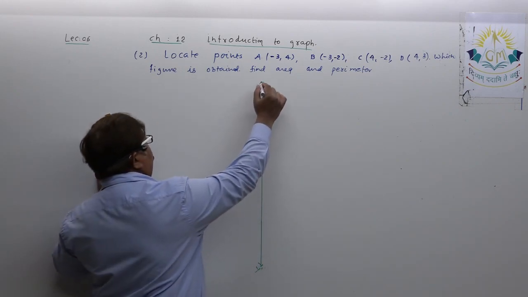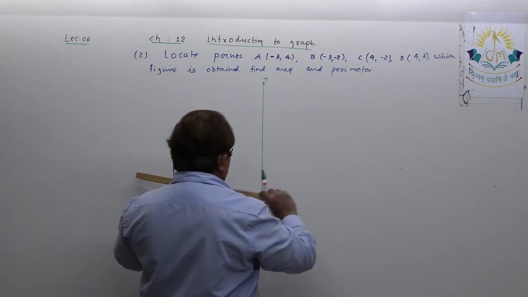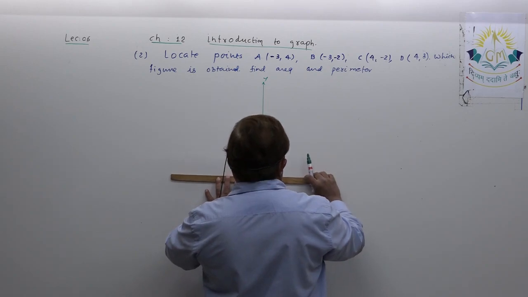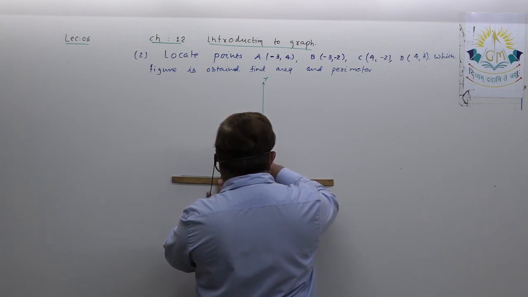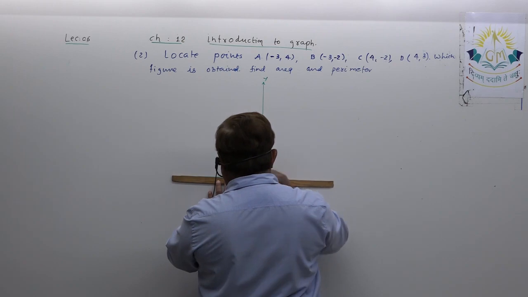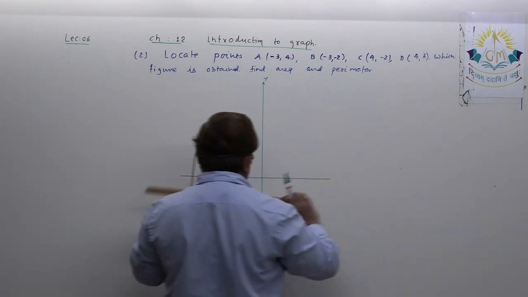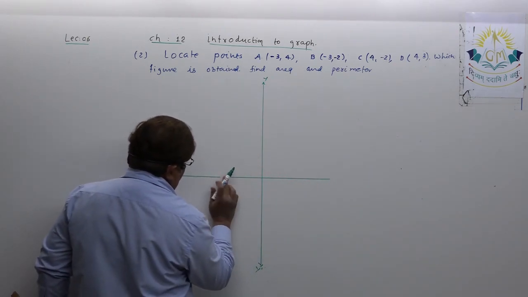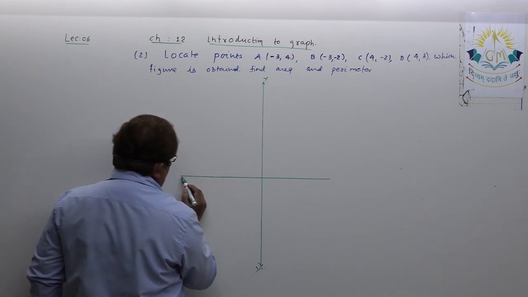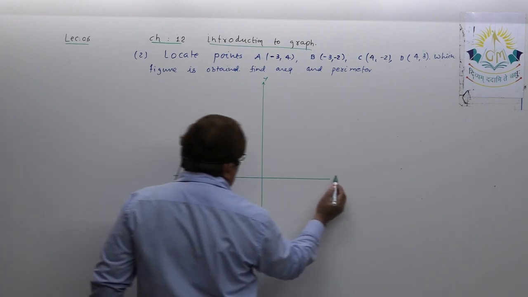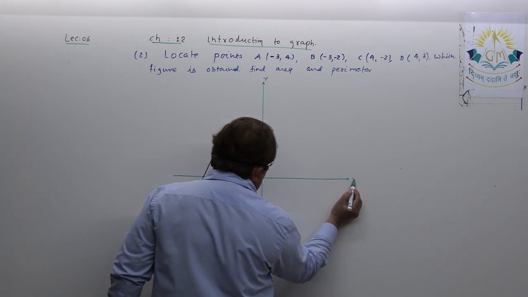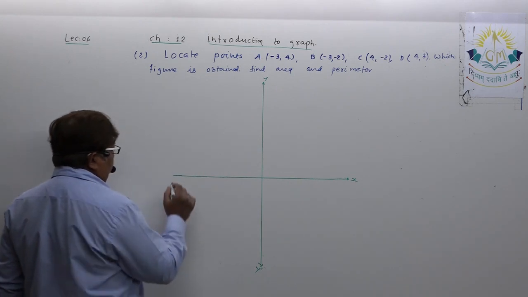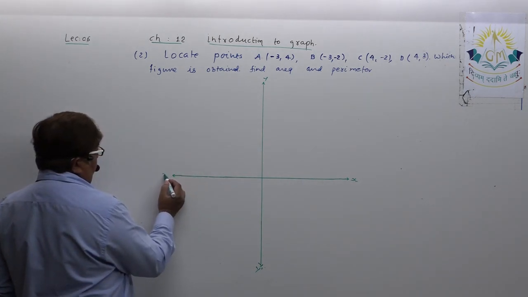This is y dash and y, then x axis. You have to extend the axis up to the end of the green part of the paper, dear student. Mind this. Okay, x dash.